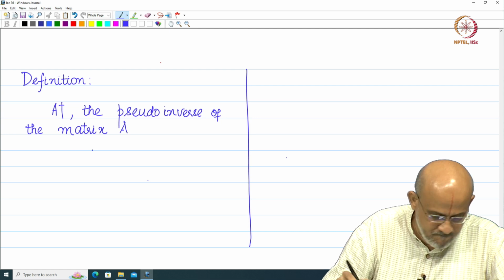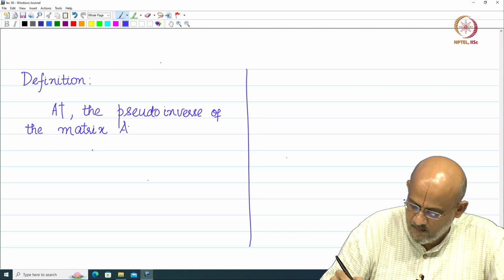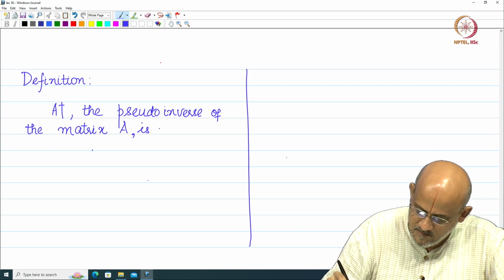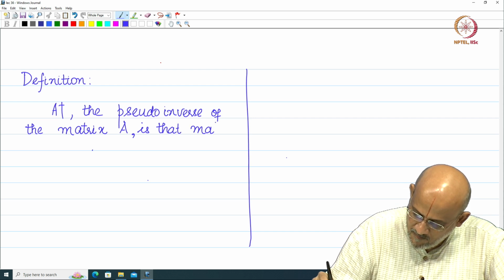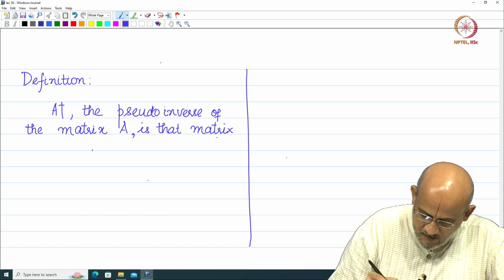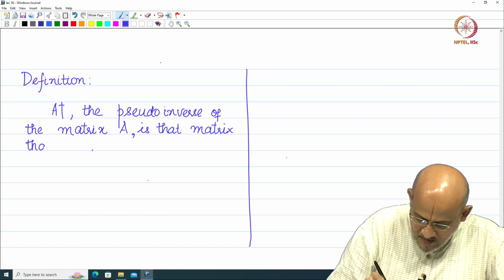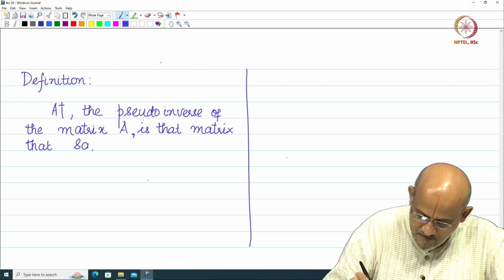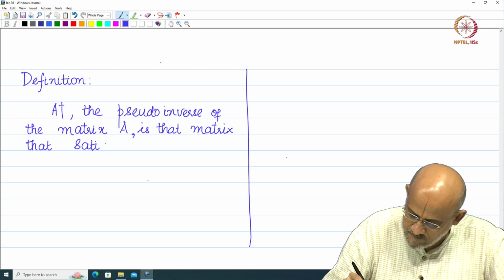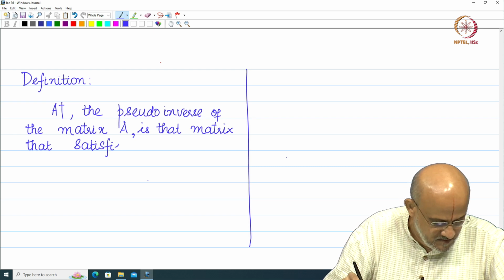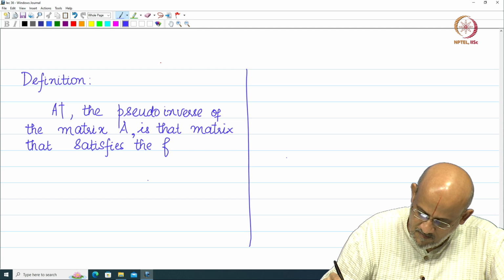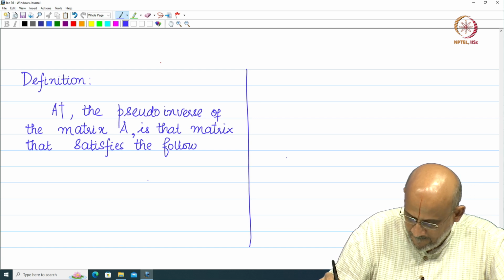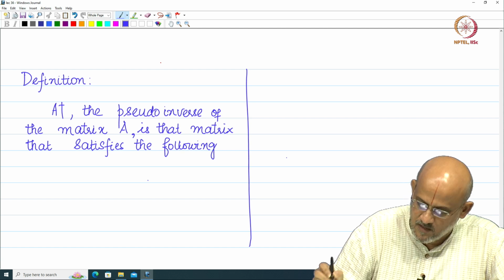It is that matrix which satisfies the following properties. What are the properties?